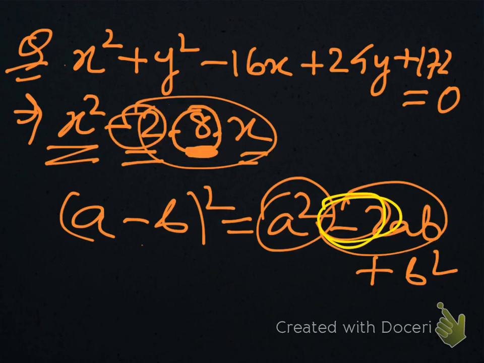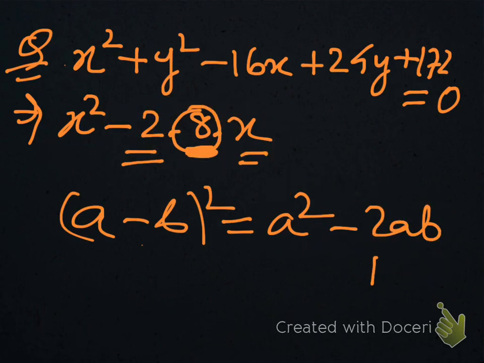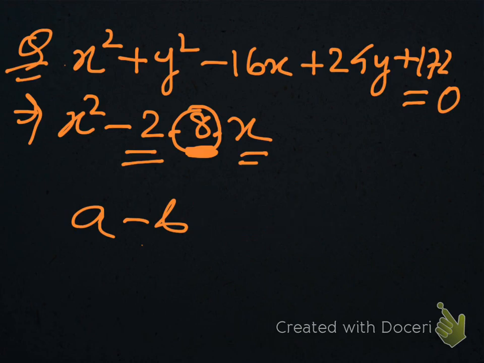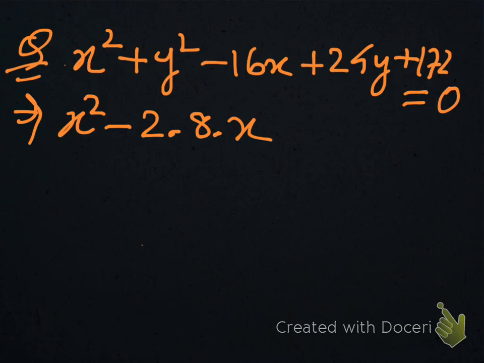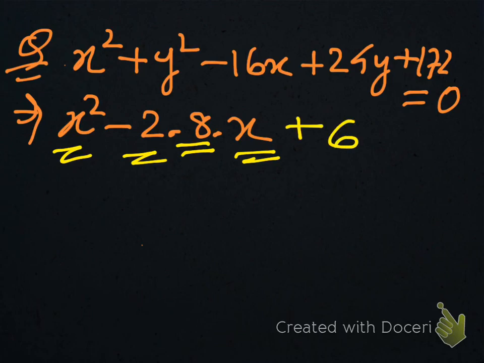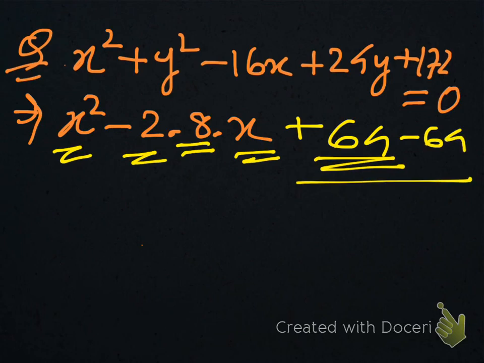I hope it is clear. You can rewind the video if it is not, or you can clear it when I solve the same for y. So a square minus 2ab plus b square, so 8 square, which is 64, and just to balance this out I will have to subtract 64. So I have done for x.